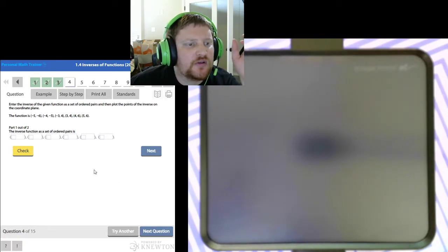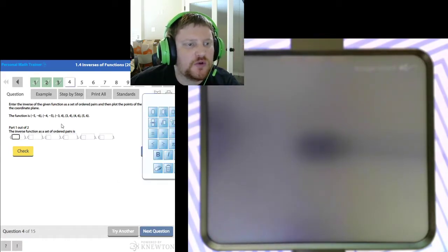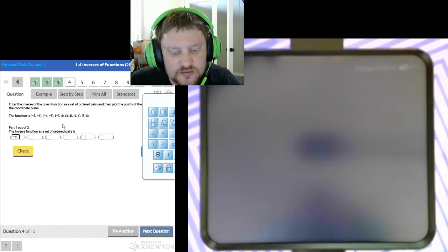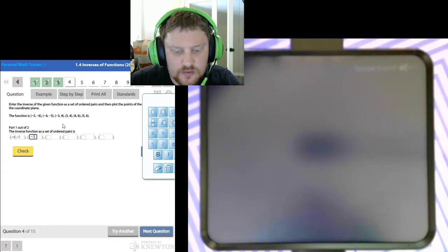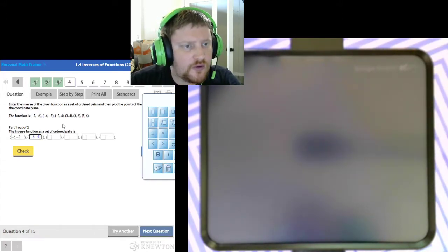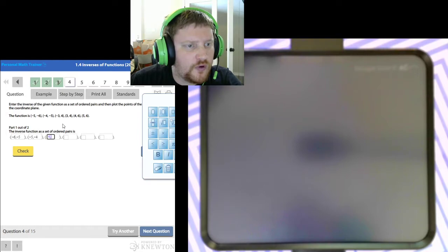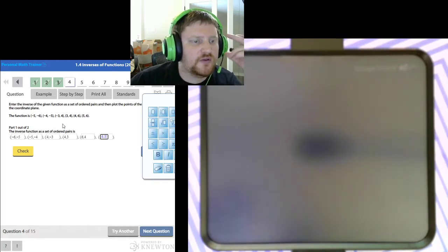Enter the inverse of the given. Okay, so same question. Once again, we're just going to flip all of these. So we have -6, -5, -5, -4, 4, -3, 4, 3, 6, 4, and 6, 5.